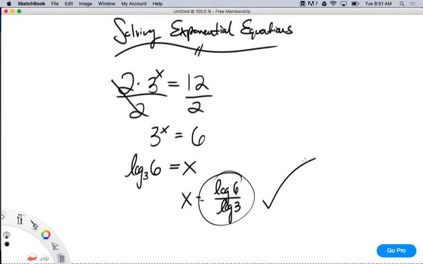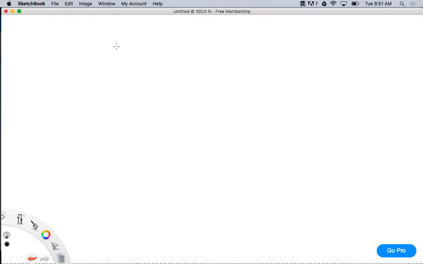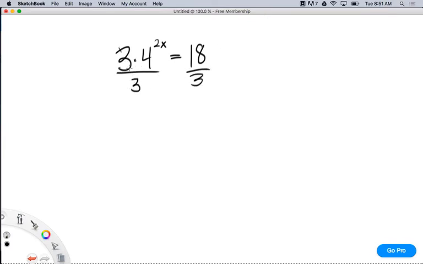Okay, let's do another one. 3 times 4 to the 2x equals 18. In this case, I divide by 3. 4 to the 2x equals 6. Rewrite in logarithmic form. Log base 4 of 6 equals 2x.